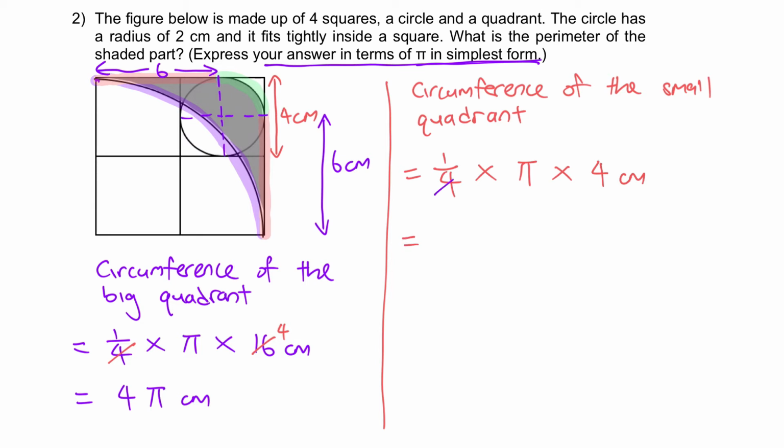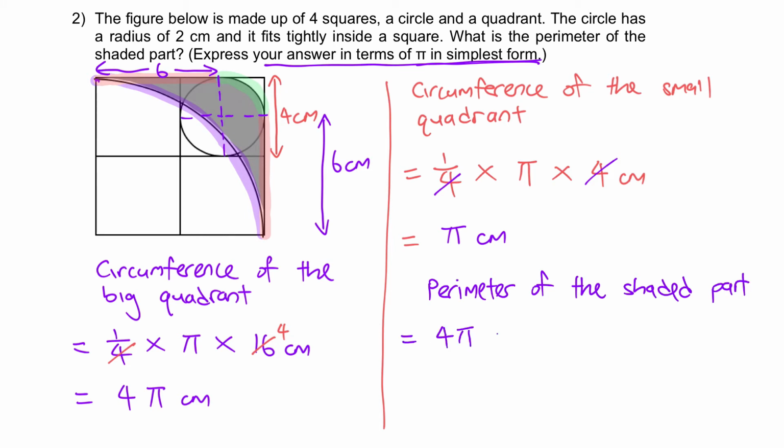That will give you a very nice number, pi. Last, we just need to add them up, plus 6 plus 6 to find the answer. Hence, perimeter of the shaded part equals 4 pi plus pi plus 6, 12.